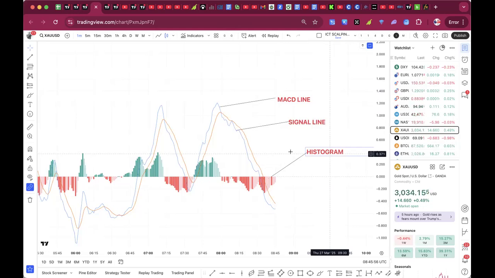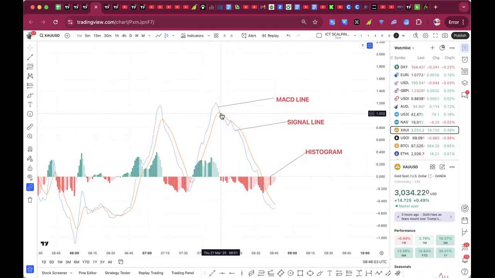Now quickly listen. When there's a cross of the MACD line below the signal line, it indicates a potential bearish move, irrespective of the time frame. Once the MACD line is already crossing down, it indicates a kind of bearish move.